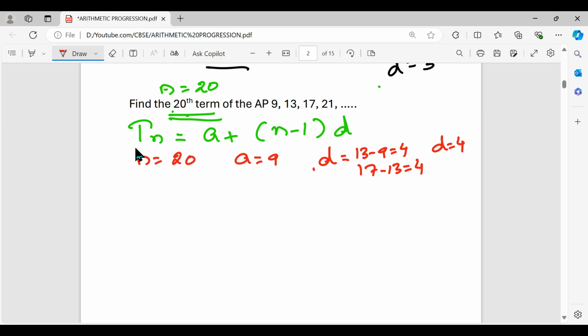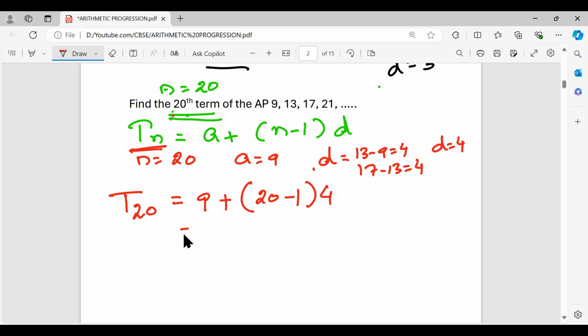And now we have to find this nth term, that is 20th term. So when I solve this question, I will write 20th term as T20. Here it is nth term, and here this is 20th term, as I am finding the 20th term. Now a is 9 plus n is 20 minus 1, and then difference is 4.